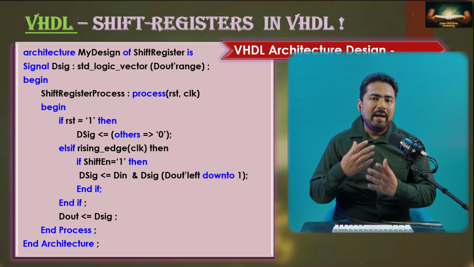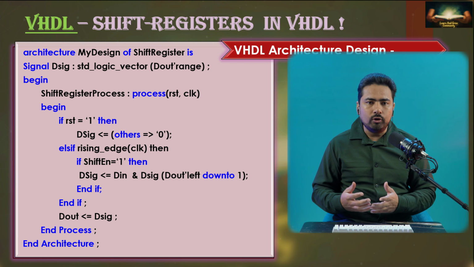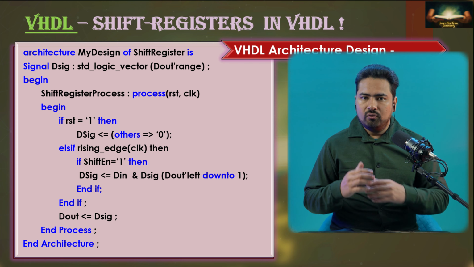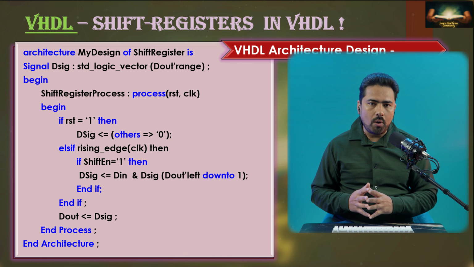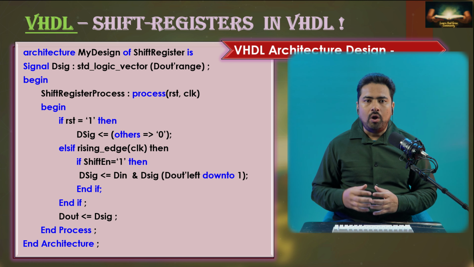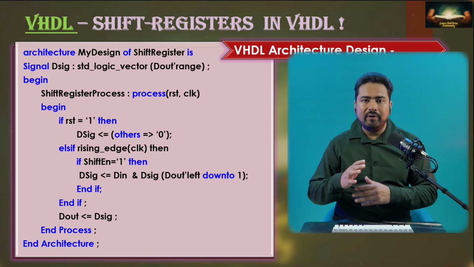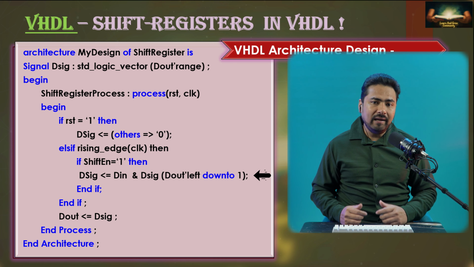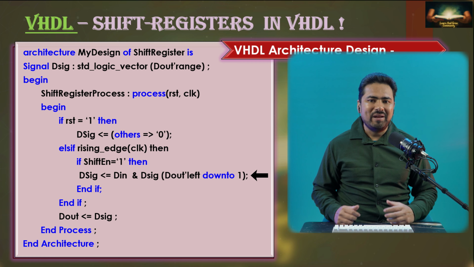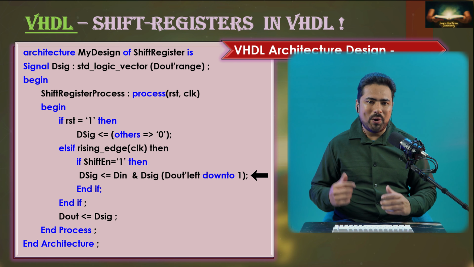Now, there are many methods to write your code in VHDL. For example, for this design, you can instantiate flip-flops as components, or you can use a loop for instantiating each component individually. But I have used this one-liner, and it will also do the same job.